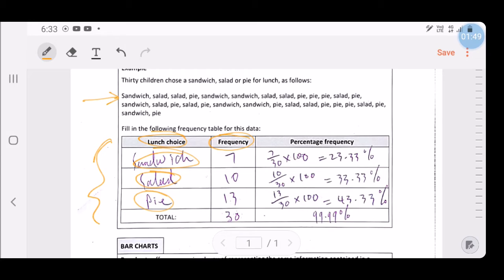That means how often each one of those words appeared in the above list. So 7 people chose sandwich, 10 people chose salad, boring, and 13 people chose pie. And then it's important that down the bottom we write the total, okay, which is 30 people altogether, 13 plus 10 plus 7.